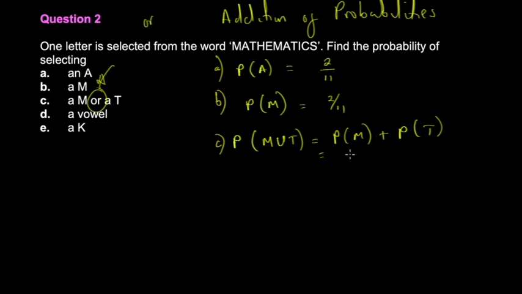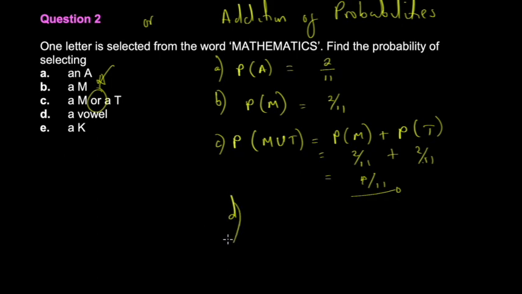So here, probability of M, we had gotten it is 2/11, and now probability of T, how many T's do we have? We actually have 2 as well, so it'll be 2/11. So 2/11 plus 2/11, you get 4/11. Okay, so this one will be 4/11.